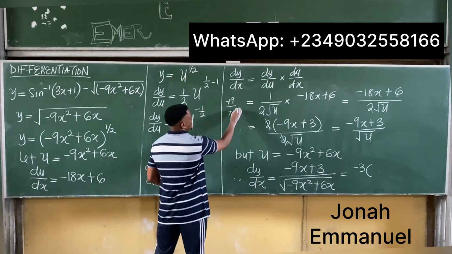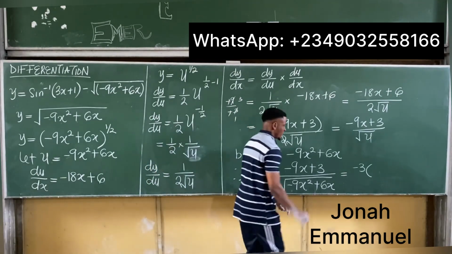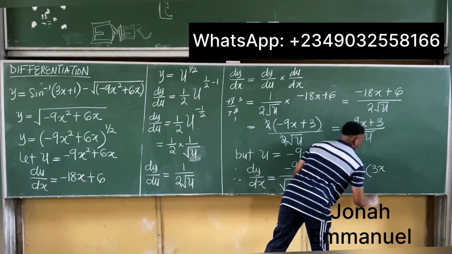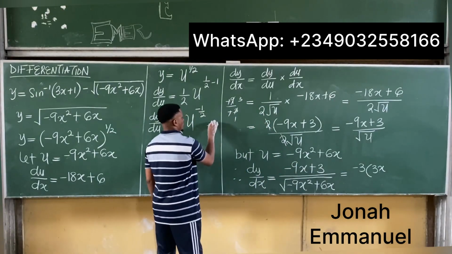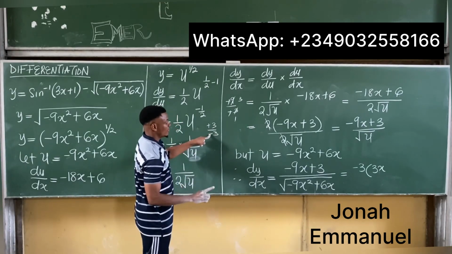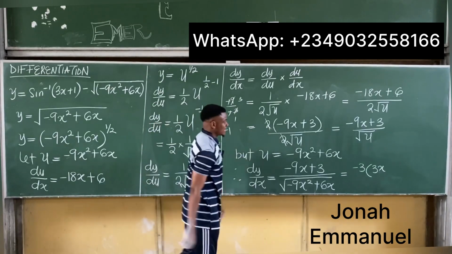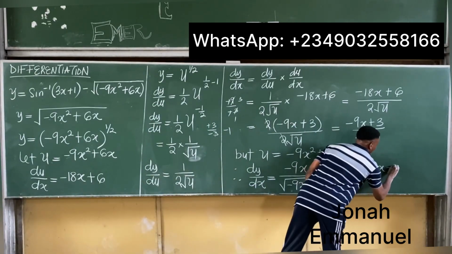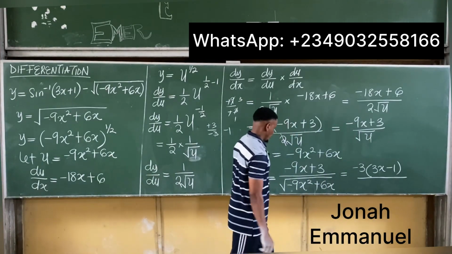Minus cancels minus, 3 here, 1, 3 here, 3. That becomes positive 3, so it becomes 3x. Divide plus 3 by minus 3. That becomes plus 3 all over minus 3. Plus minus is minus. 3 over 3 is 1. That gives you minus 1. I'm having minus 1 all over my denominator.